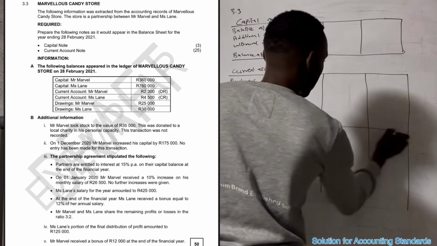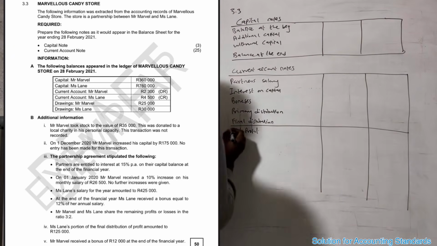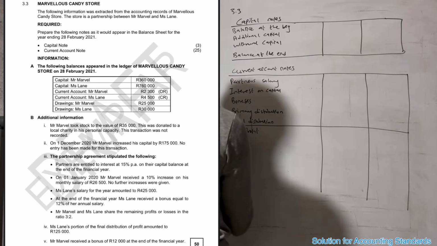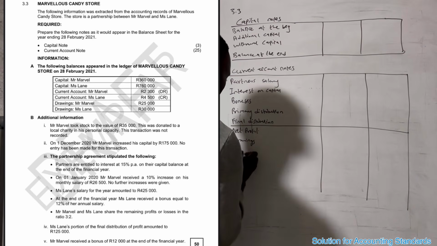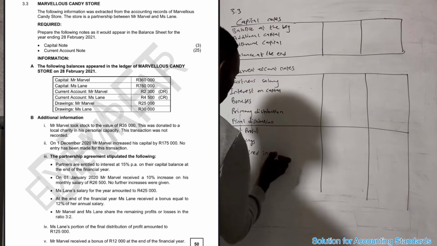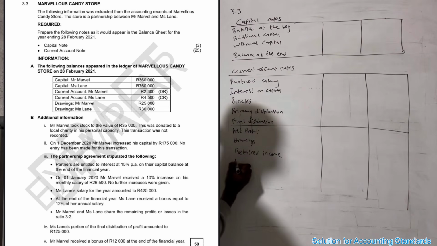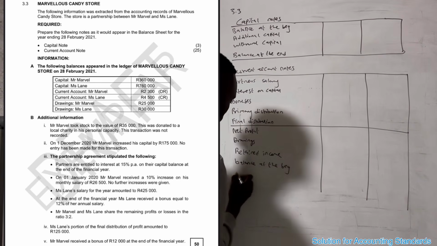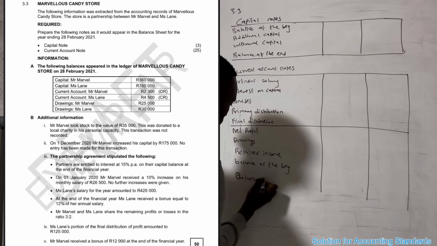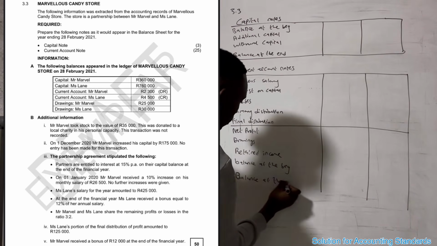Okay, let's try to divide them a bit. And drawings, retained income, and balance at the beginning, and we have a balance at the end.